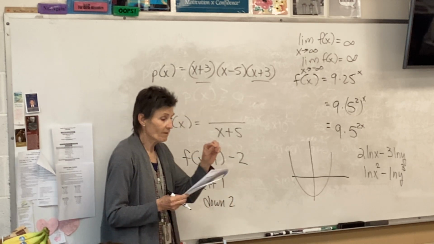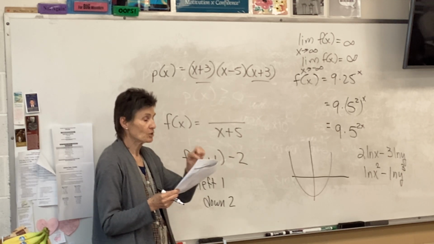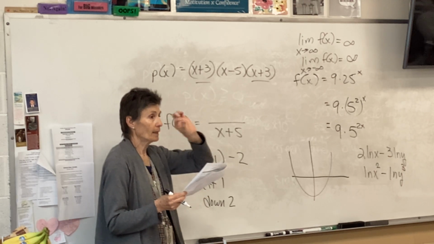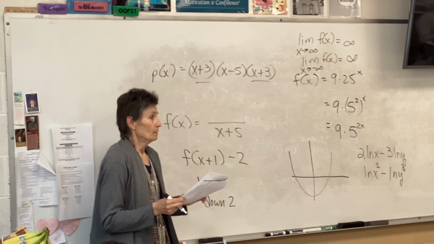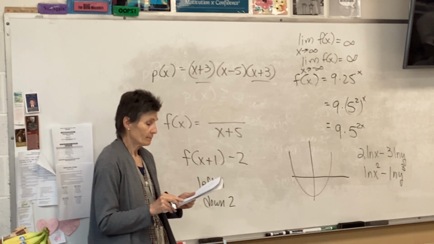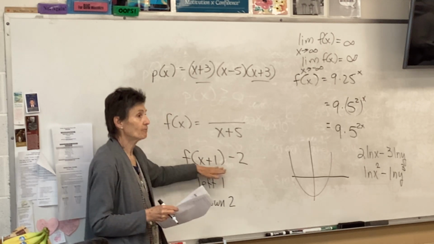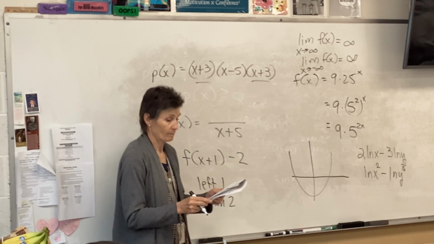So you want to find the option that is the original picture, left 1 and down 2. Anybody see it? A. This means left 1, this means down 2.